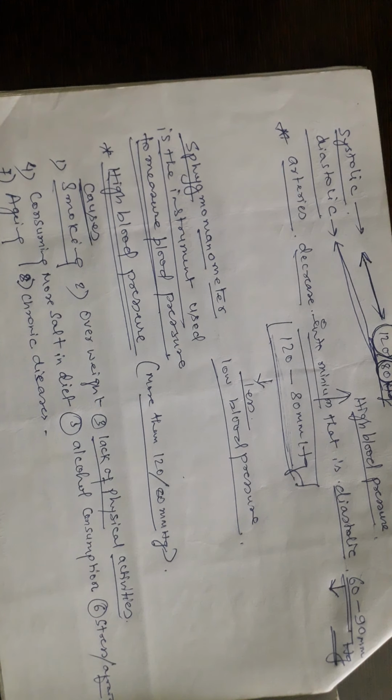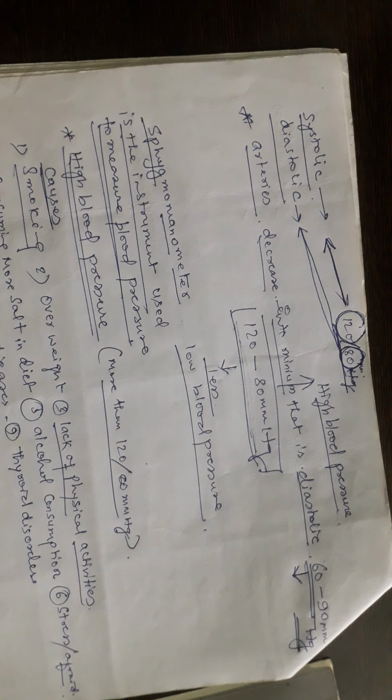Then the diastolic pressure, what is it? It is the minimum pressure created on the walls of the arteries due to the relaxation of the ventricle. So the average person has 120/80 mm Hg, meaning 120 systolic pressure and 80 diastolic pressure.